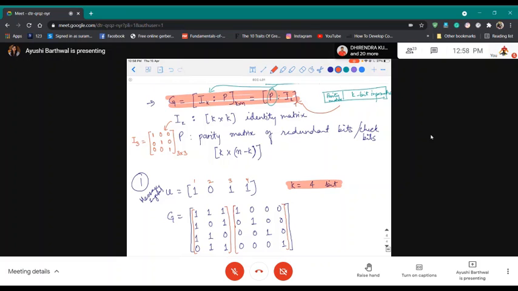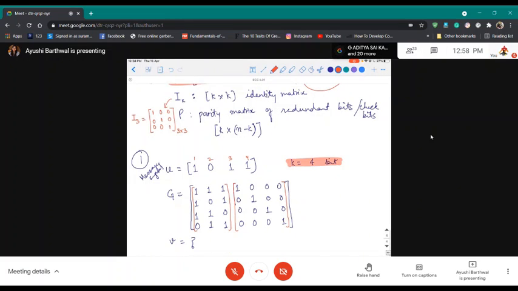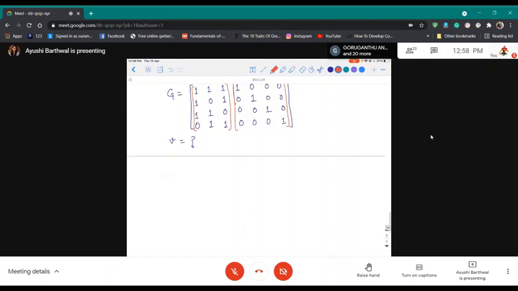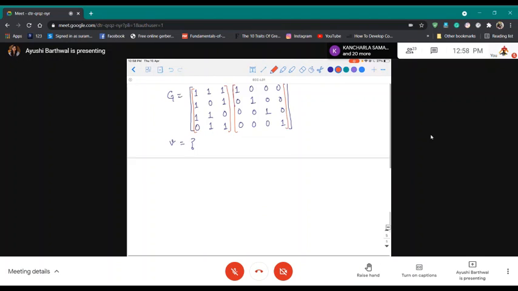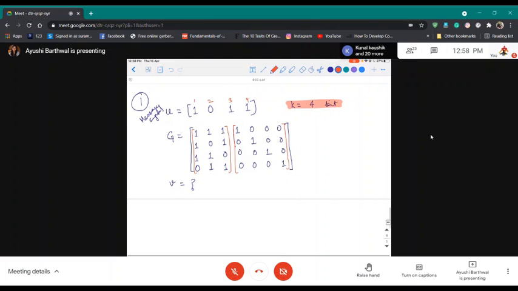If the question asks what the parity matrix is, you can write it from here. The parity matrix will be 1, 1, 1, 1, 0, 1, 1, 1, 0, and 0, 1, 1.